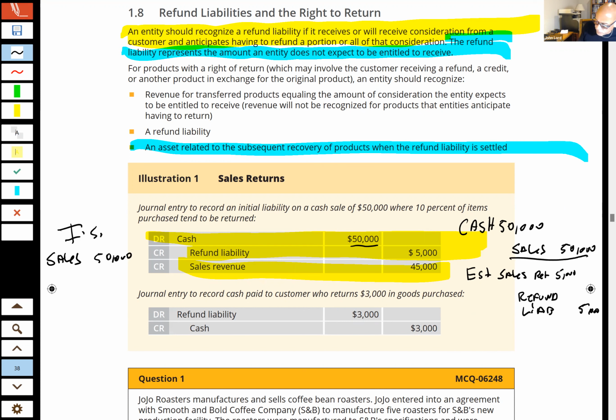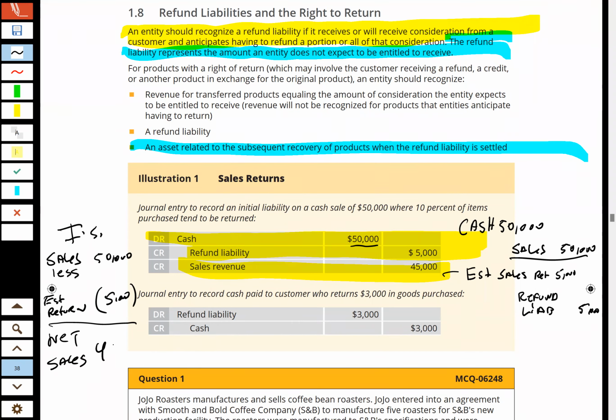What I credited there. You would have what? A less estimated return. You would treat that as a contra to sales of 5,000. That's that debit. And then you'd have what? Net sales of 45,000.